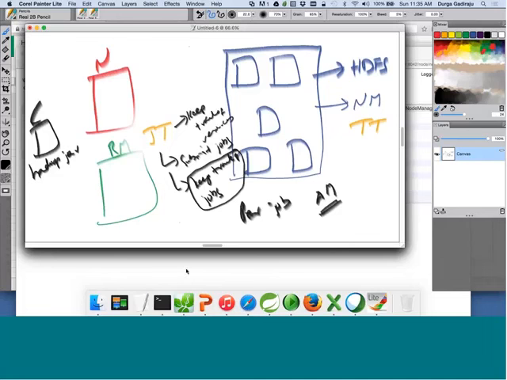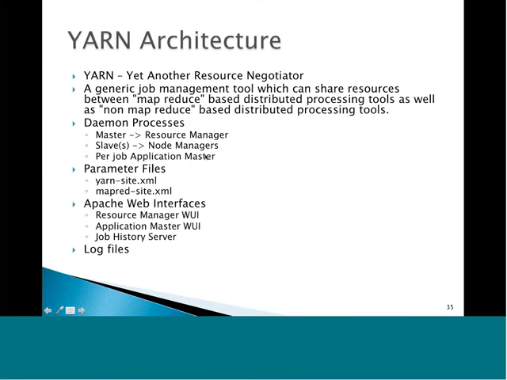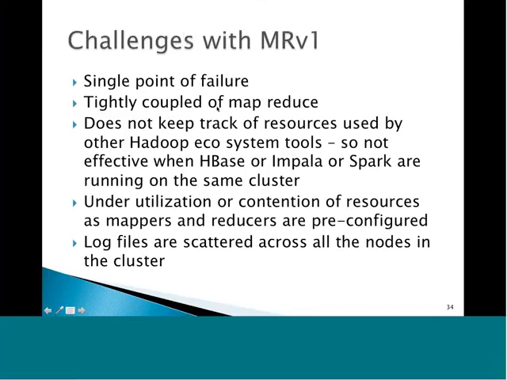So that's how we can eliminate the issue of a single point of failure. First, we can mitigate it significantly because of the usage of application master to keep track of jobs. And second, you can even configure high availability to completely eliminate the single point of failure.